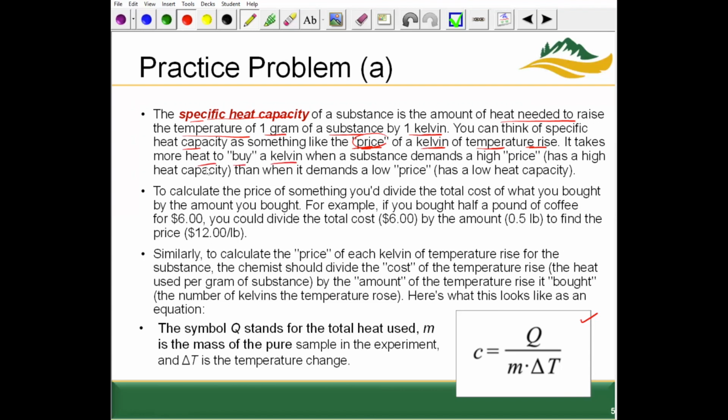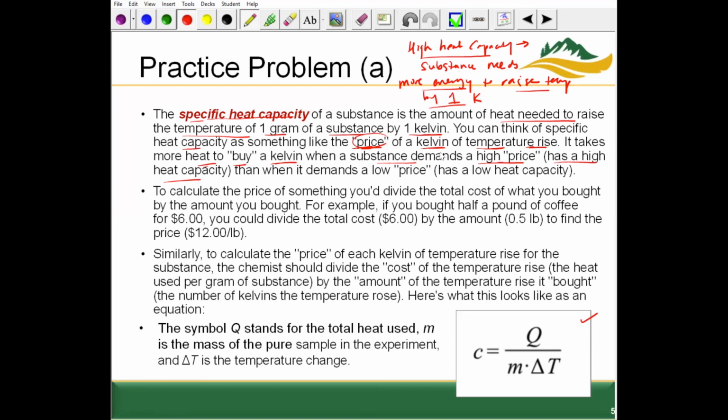It takes more heat to, quote, buy a Kelvin when a substance demands a, quote, high price. In this scenario, the high price equates to the idea of a substance having a high heat capacity. For a high heat capacity, the substance needs more energy to raise the temperature by 1 Kelvin.